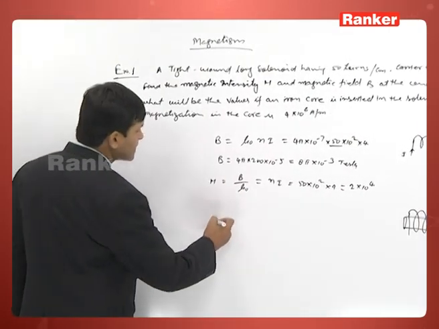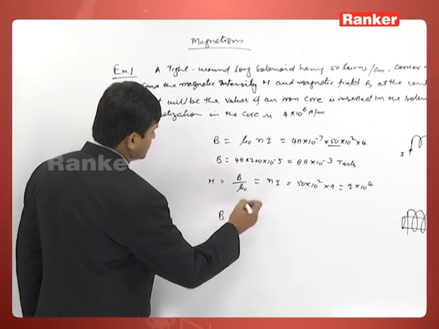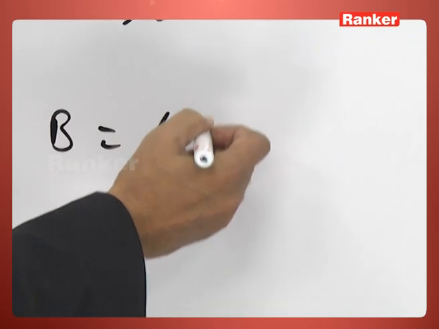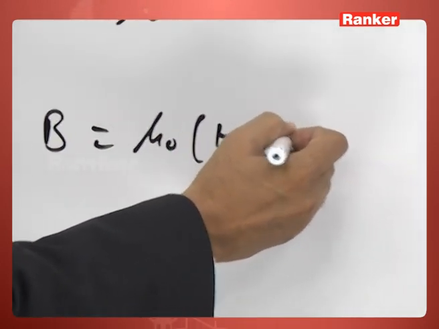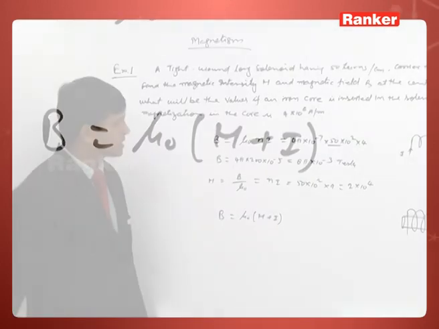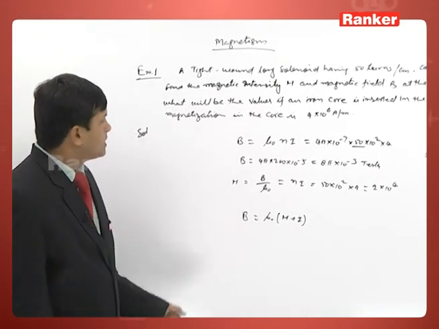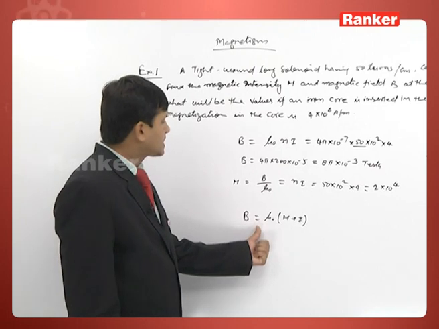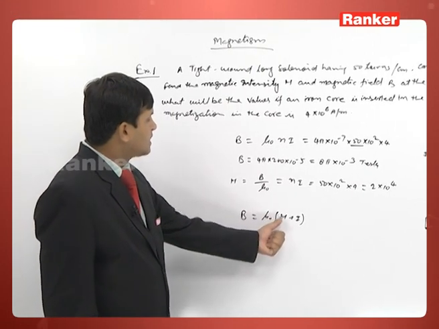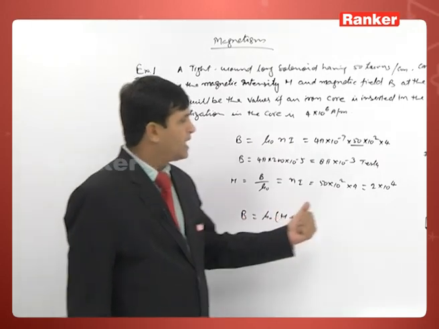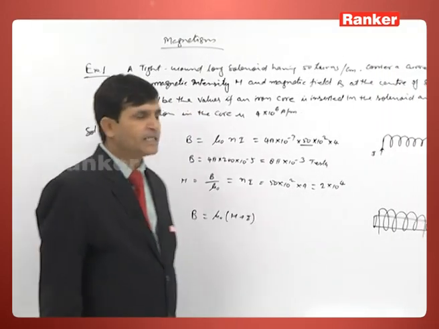So in that case B has been defined here as mu naught into H plus I. This is the value of B. So we can get the value of B as mu naught into H plus I. The H value will remain the same. H is nothing but the magnetizing force here.